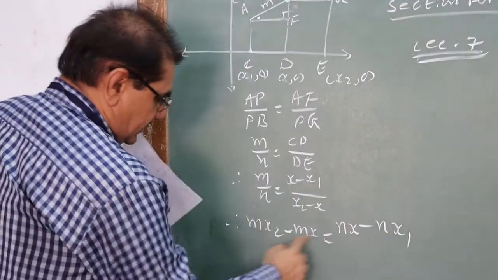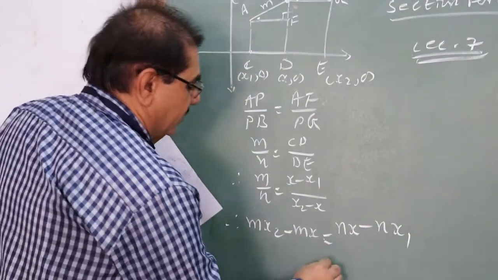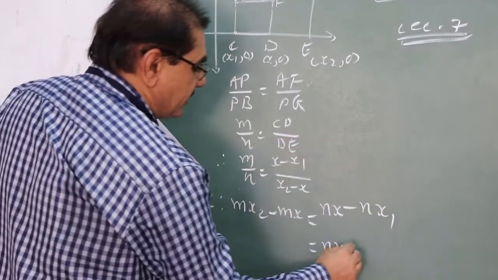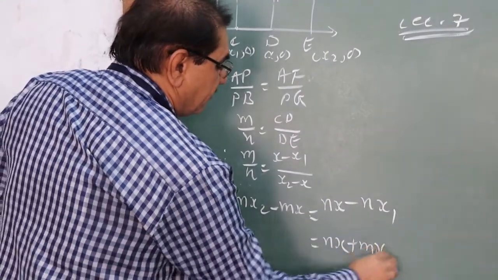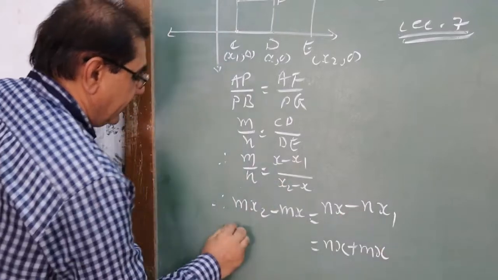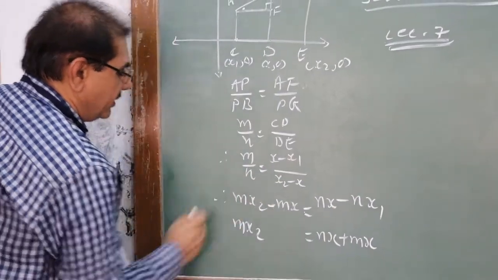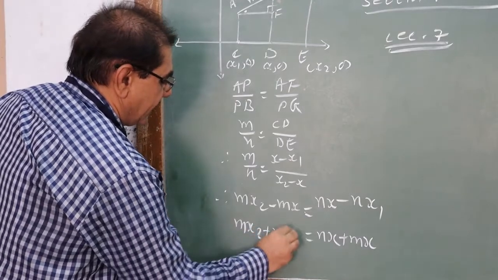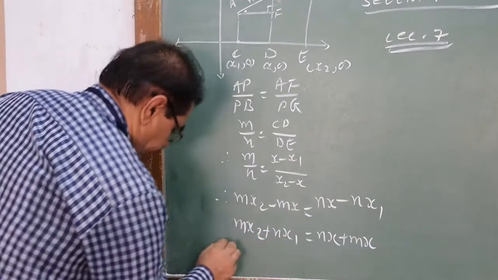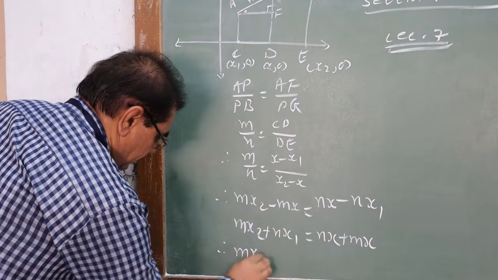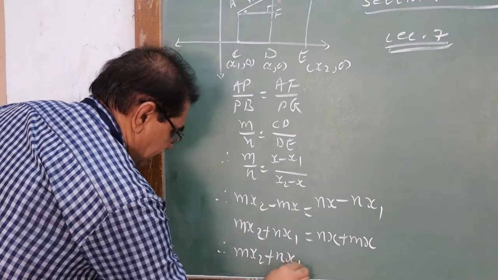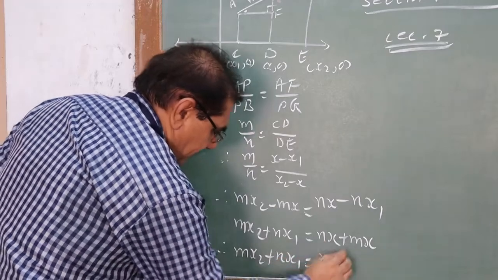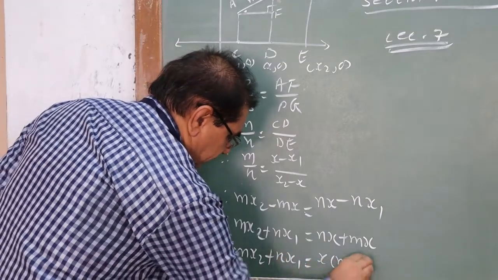Now I take these terms of x together. So nx is there, and minus mx changes the side, so it becomes plus mx. In the same way, mx2 is already on the left hand side, and minus nx1 becomes plus nx1. So mx2 plus nx1 is equal to x common, n plus m, or I can write m plus n.